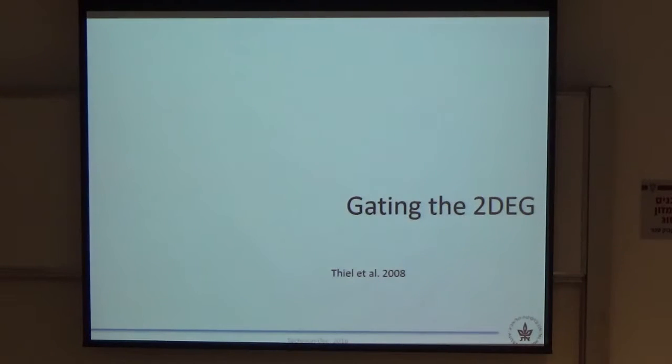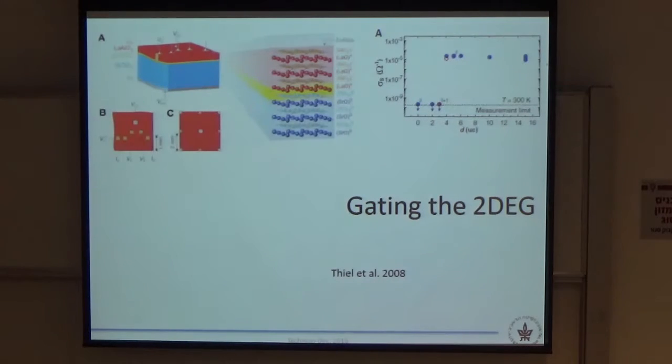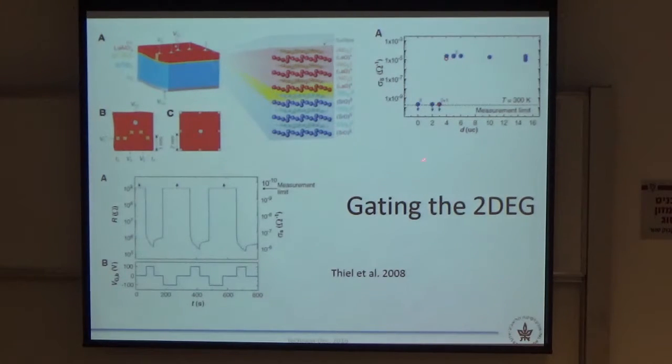Now, this 2D electron gas sits on top of strontium titanate. The dielectric constant is 24,000, and you can apply gate voltage. So basically you can apply a rather small electric field and you will get a strong response. This is what they did here, the group in Germany, Mannhart.